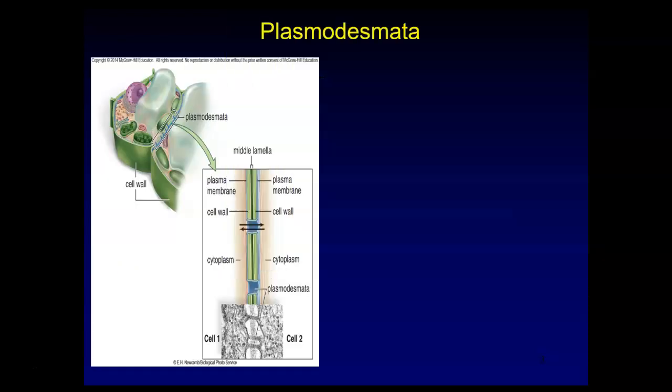So let's look at the plasmodesmata a little bit closer. If you look at these adjacent cells, you'll see these little canal-like structures between each. These canal-like structures are what's going to allow for communication, nutrients, etc., to move from the outermost edge of the plant to the innermost edge, and then from the innermost to the outermost.